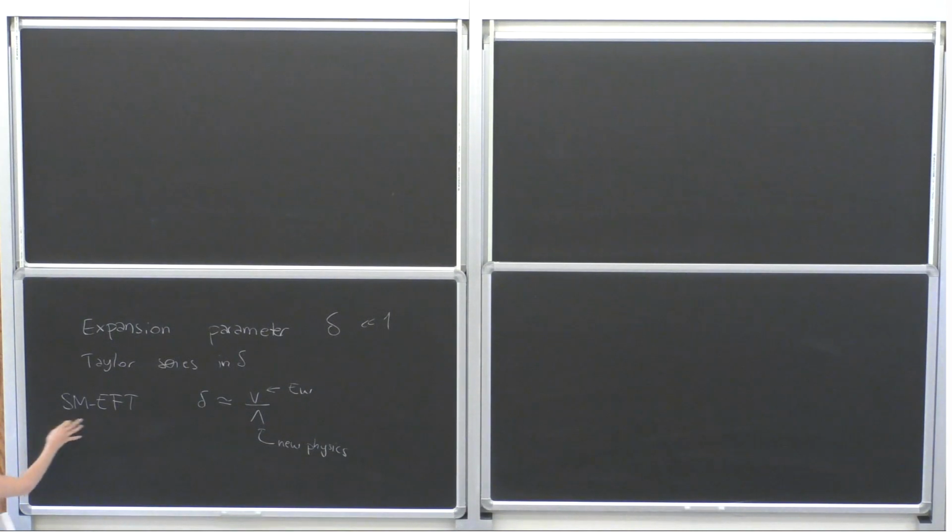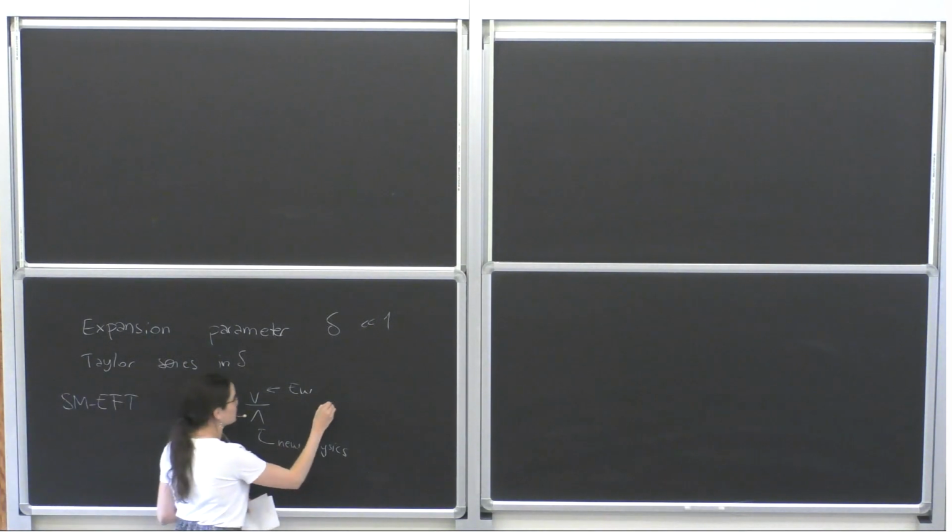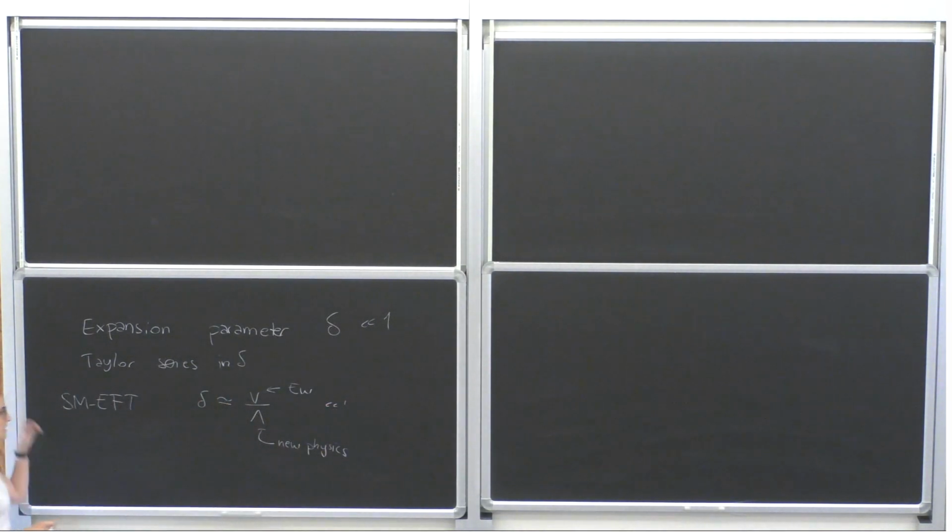So the standard model EFT is a theory specifically that is meant to approximate the effects of some new physics theory in the limit where this quantity is small, which means in the limit where you have some scale lambda that is much larger than the electroweak scale. So it means that you are specifically assuming that you have some new physics that is very far away from what we are observing.